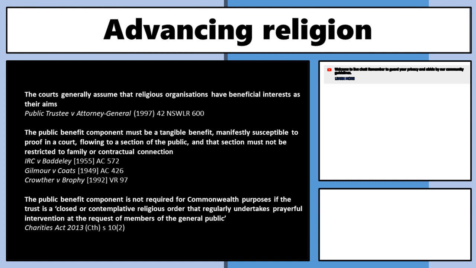If an organization is deemed, again under the Commissioner of Payroll Tax case, to be a religious organization, it is presumed that that organization is established for the public benefit, and that the purposes they pursue go back into the public. So that's a rebuttable presumption. Just make note of that. It's the sort of thing that can come up in assessments, worth a half mark or a mark to just go through and mention.